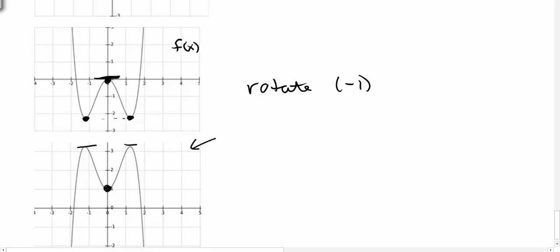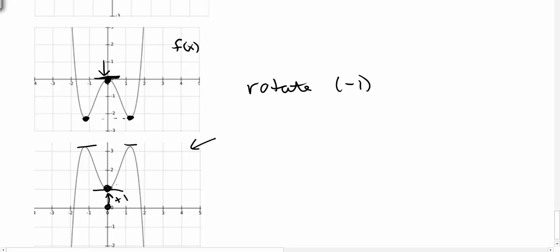If I rotate the graph and then shift it up by 1, that would match where this maximum turned into this minimum, because when I rotated it, it would have been at 0, but by shifting it up by 1, that's what got it to be in the right place.